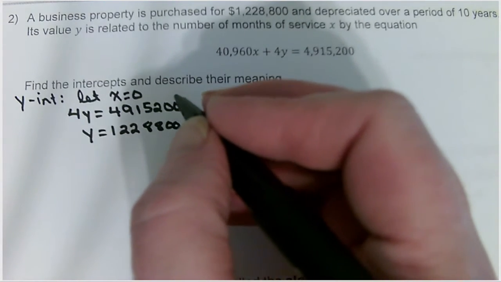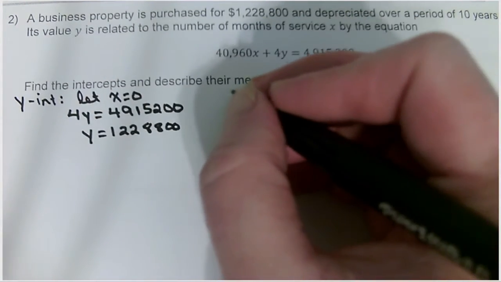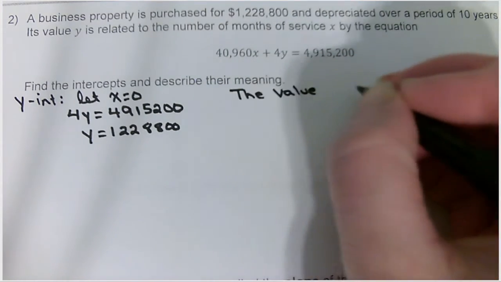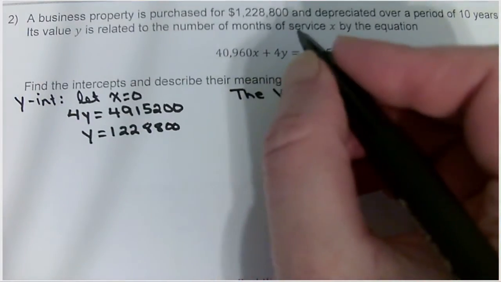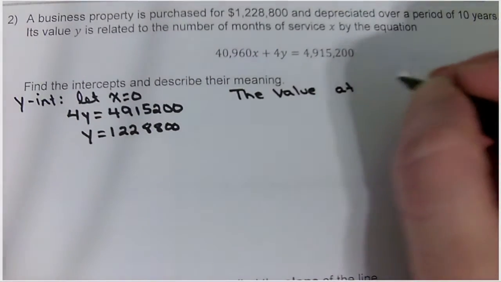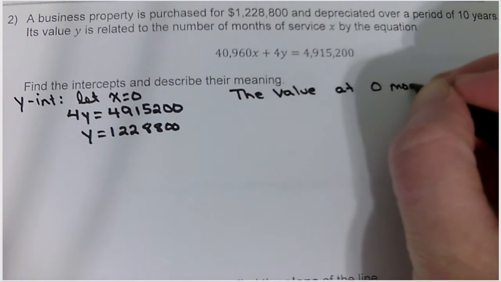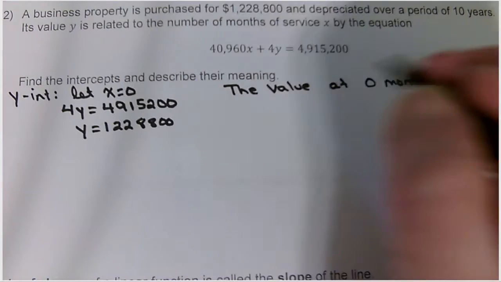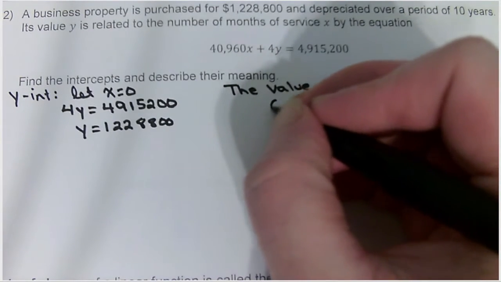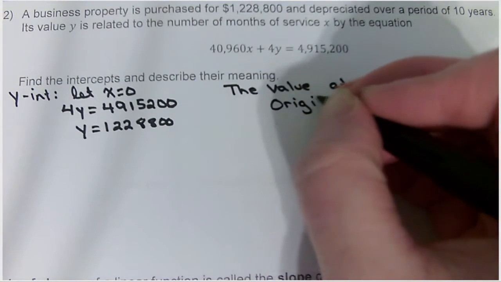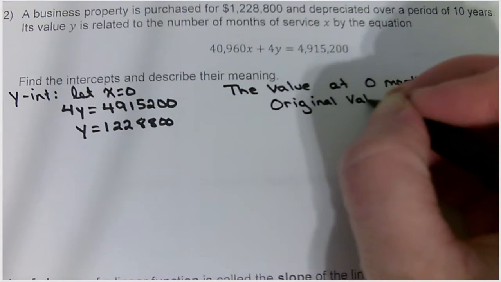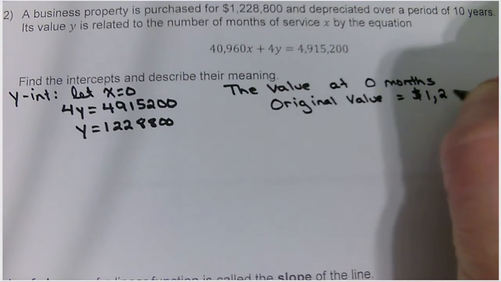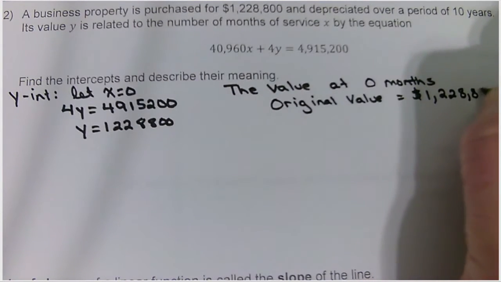This is the value when x is 0, so when the months are 0, so at 0 months. So if we haven't owned it any months, that's our initial value. So that's the original value is 1,228,800.